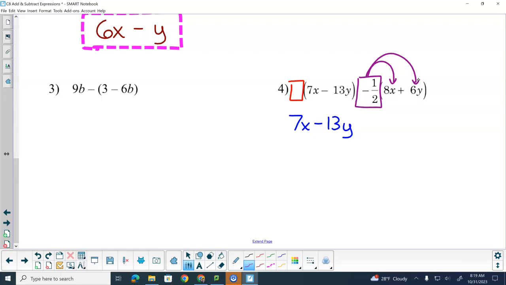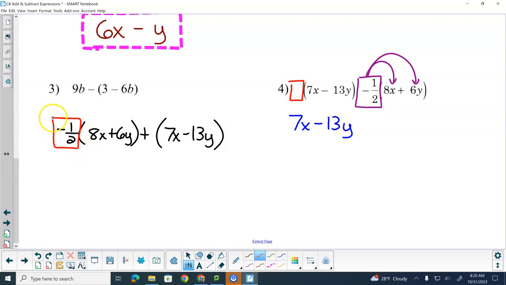Now, if we would have flip-flopped the order, meaning if I would have written the problem like this, okay? So I flip-flop the order. It's the same problem. Does this negative 1/2 get distributed into there? Does it get distributed into there?